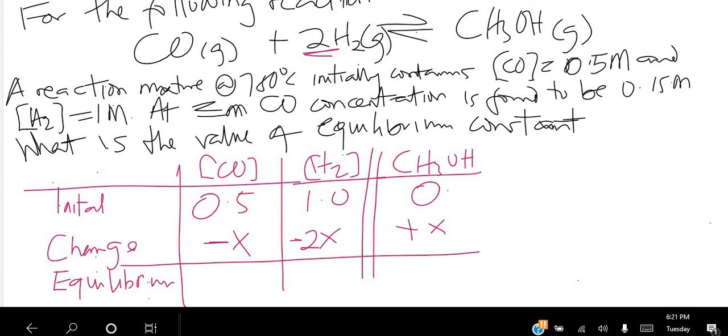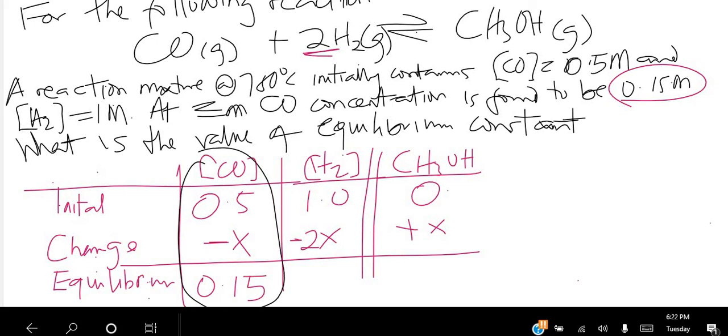At equilibrium, our CO was given to be 0.15, so we're going to plug it in here. We can use that to find the equilibrium concentration for hydrogen and the product. So let's take this to find our x.